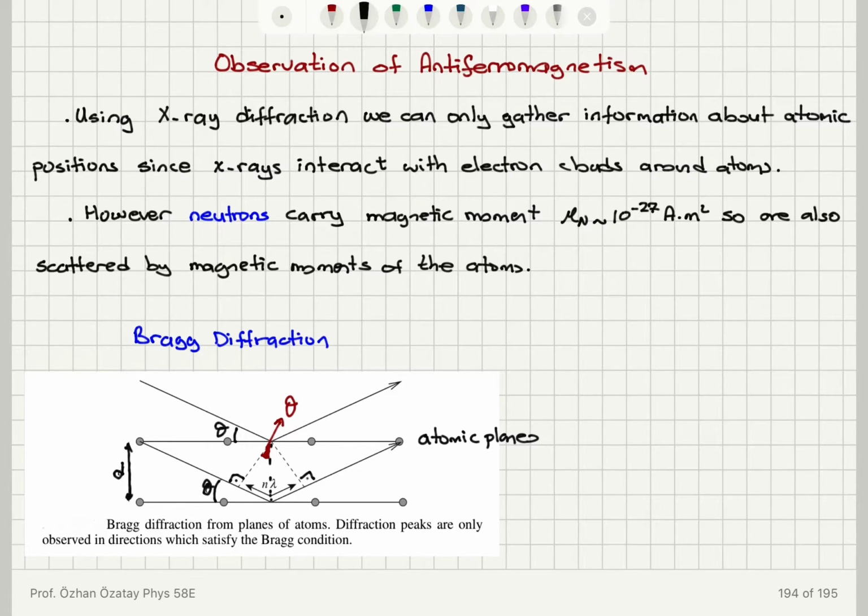The hypotenuse is d, and the extra distance the X-rays are traveling when they are reflecting from the atomic planes is this distance, the one I show with green.